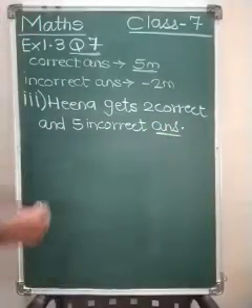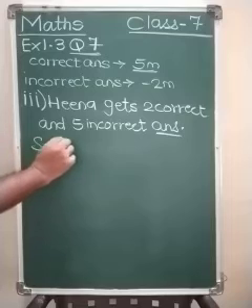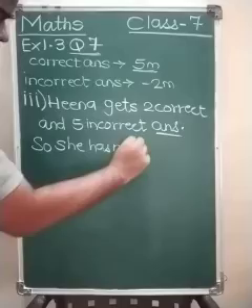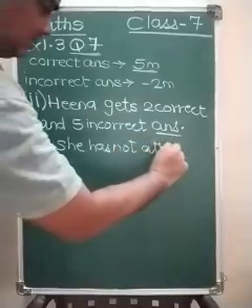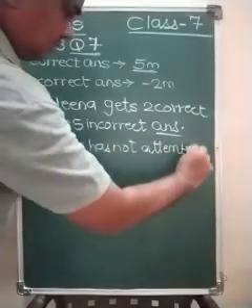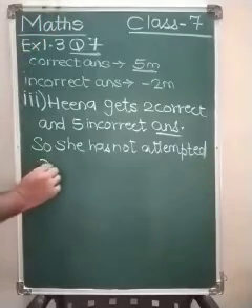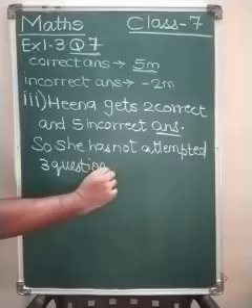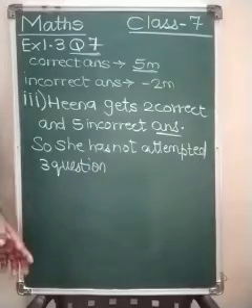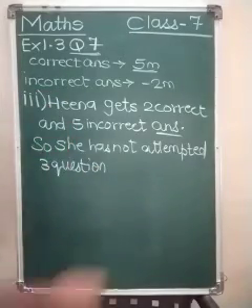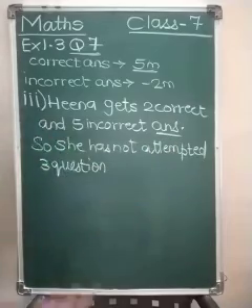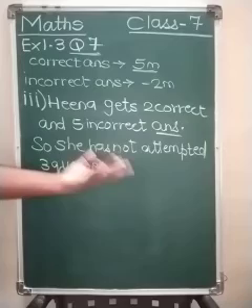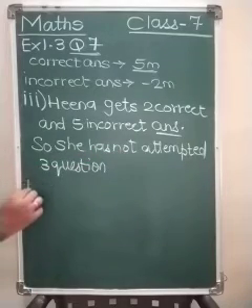Okay, so she has not attempted 3 questions. Remember, for questions not attempted, the marks are 0. So 2 correct answers and 5 incorrect answers. Therefore, she has not attempted 3 questions. Again, directly we will write Hina's.